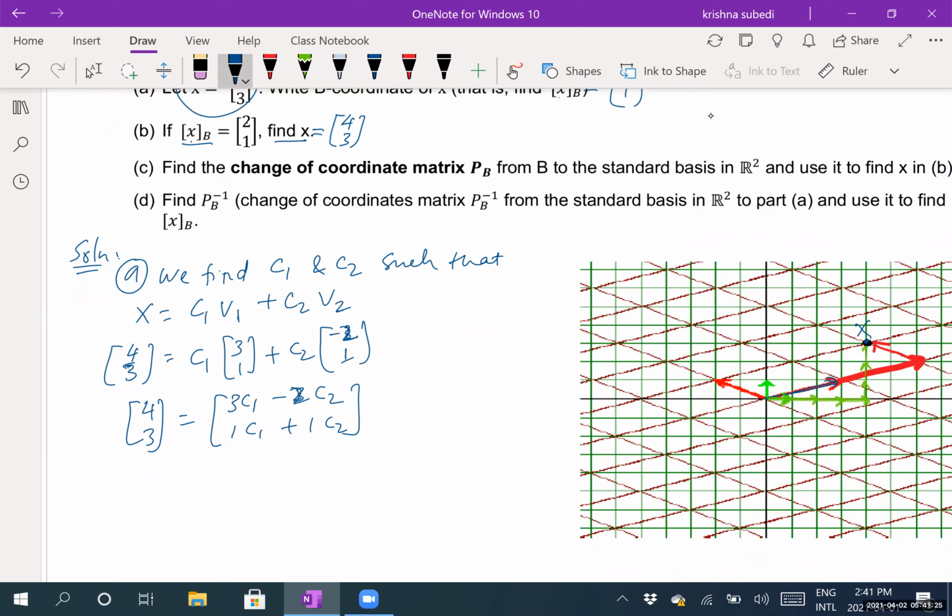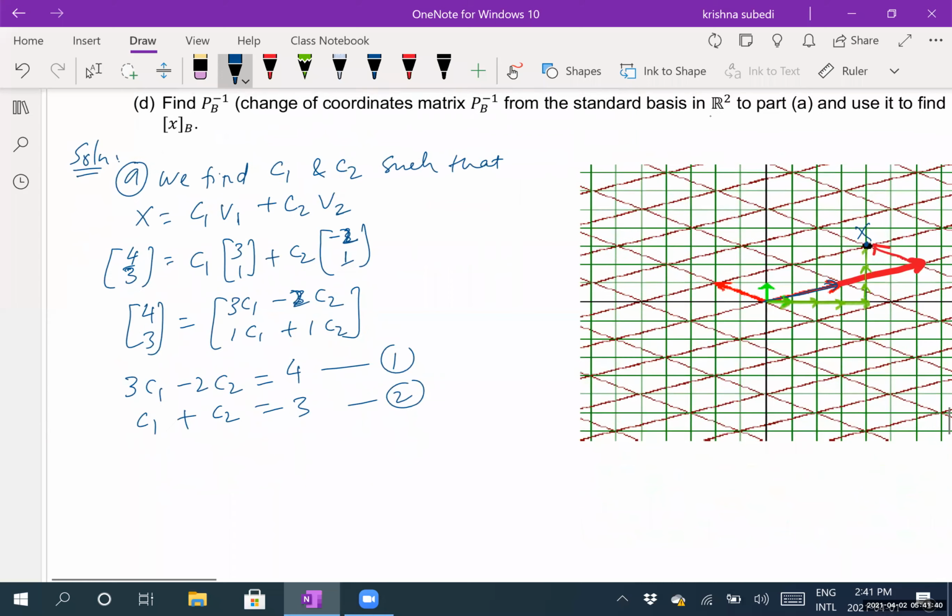So what it means is, this means 3c1 minus 2c2 equals 4, and 1c1 plus 1c2 equals 3. This is equation 1, this is equation 2.